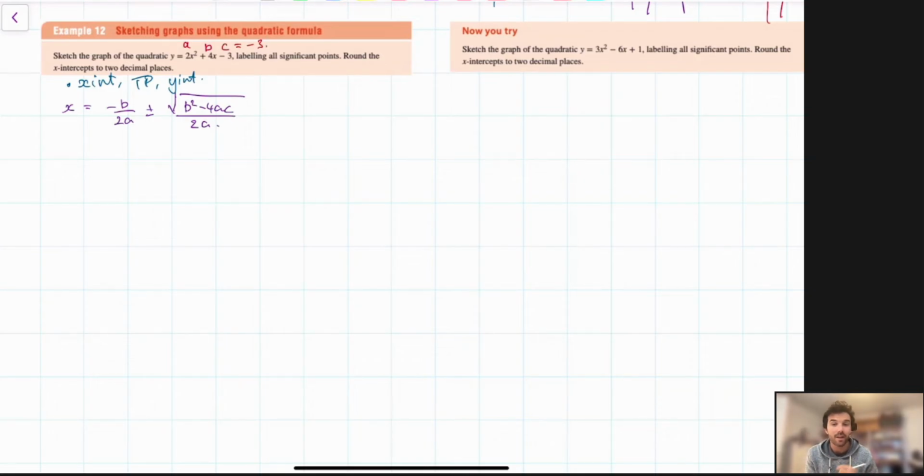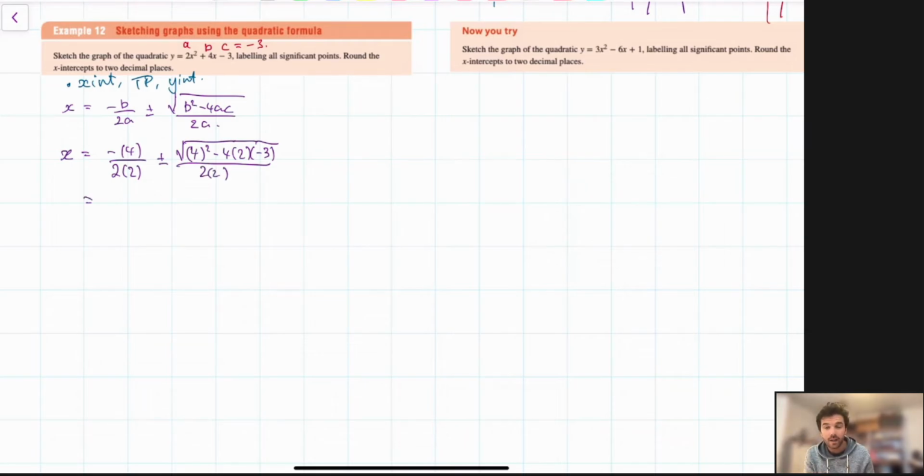Make sure you make that negative because it says negative 3. So let's sub in what we know. x is equal to negative b on 2a, b is 4, so this is 4 squared, a is 2, c is negative 3, on 2a.